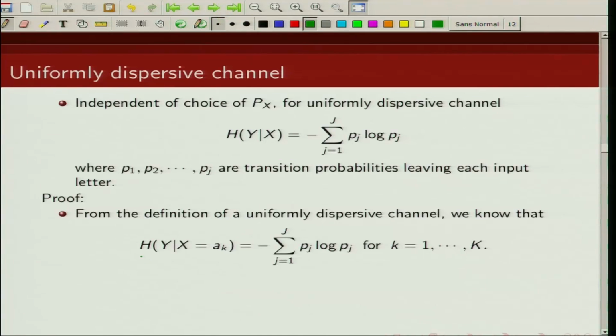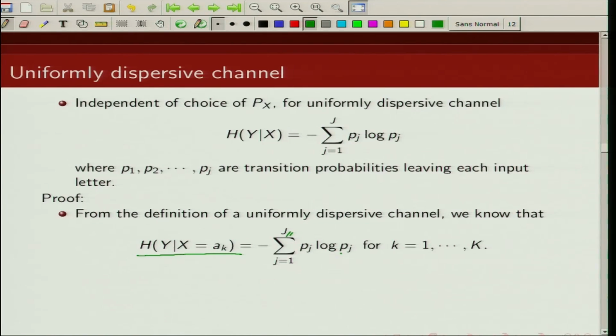From the definition of the conditional entropy of y given a particular instance of x, ak, this can be written as minus the summation over all possible transitions pj log pj.